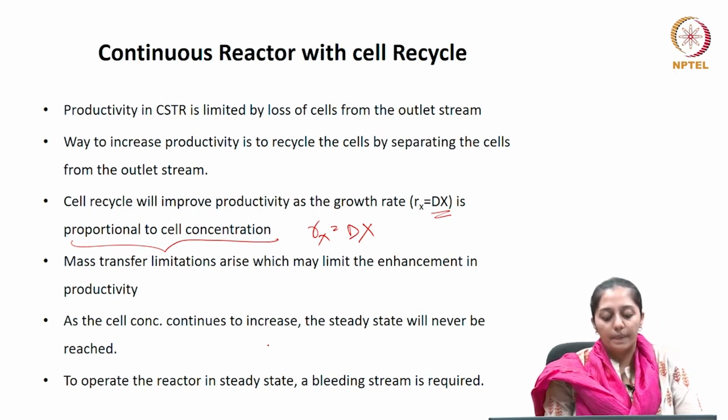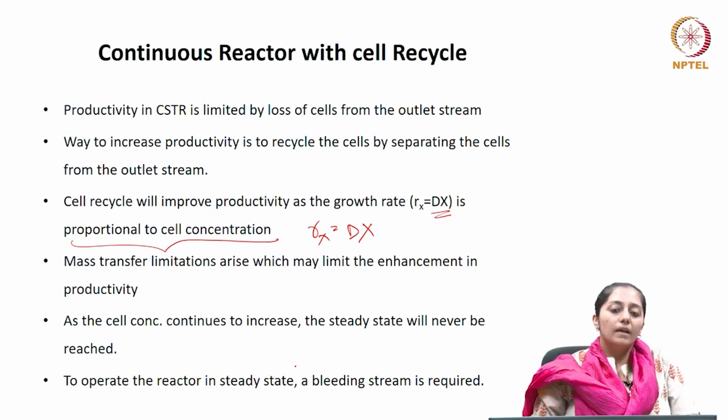Okay. So, now we know that we can increase the cell concentration and therefore the productivity. But if you keep on continuously increasing the cell concentration, the productivity after a while is compromised. Why?